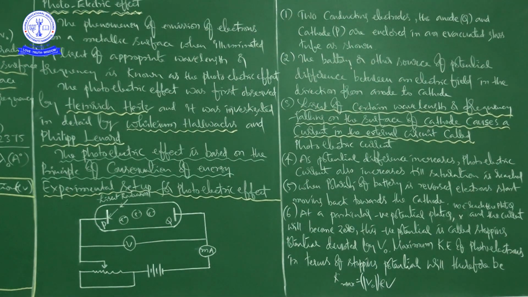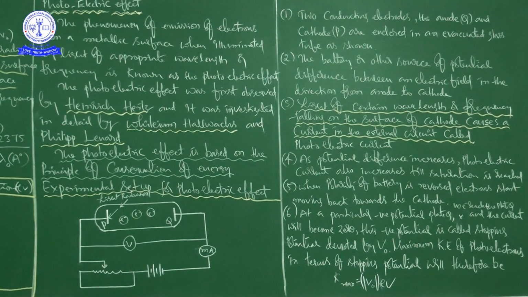But it is not possible at any point we want, only at a certain potential. Observe carefully: at a particular negative potential for plate Q, no electron reaches plate Q and the current becomes 0. This negative potential is called the stopping potential, denoted by V0.